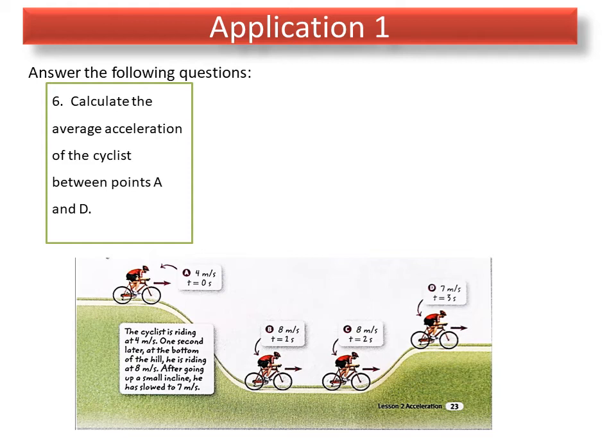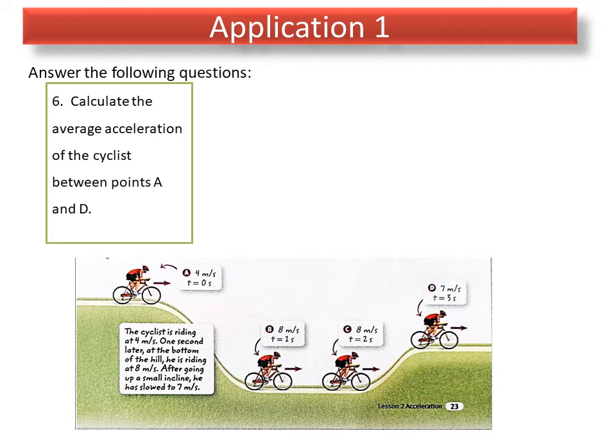V1, it is at position A, 4 meters per second. V2, it is at D, 7 meters per second. And the time needed from 0 to 3 is 3 seconds, the time needed to change this velocity.